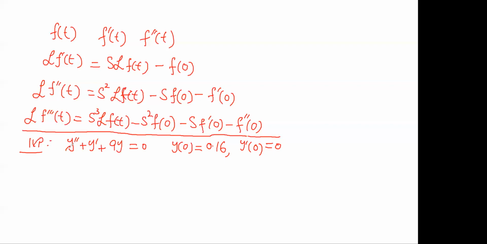Okay, so we take the Laplace of this. So this is the y double prime, so its Laplace will be given by this equation. So the Laplace of y double prime will be s squared times the Laplace of y, which we represent by Y, minus s times y evaluated at 0, and minus its first derivative also evaluated at 0.